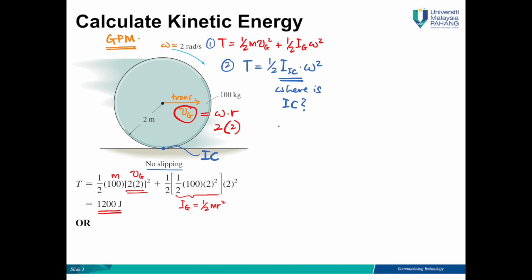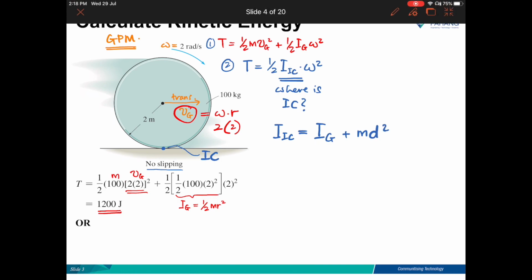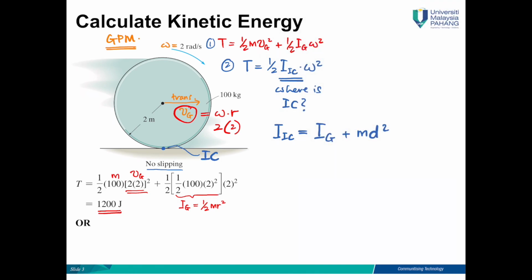Basically, I_IC, using the parallel axis theorem, is equal to Ig plus m d squared. So what is d over here? d is basically the distance between G, the center of gravity, and IC. In this case, the distance d happens to be equal to the radius of the wheel.